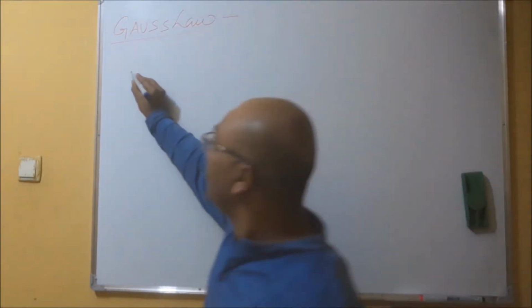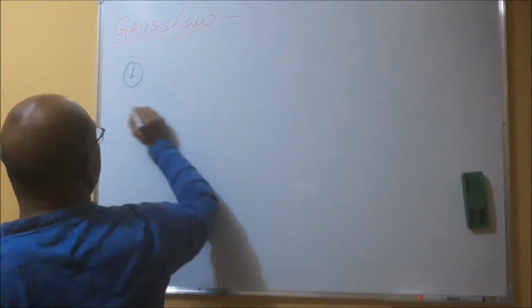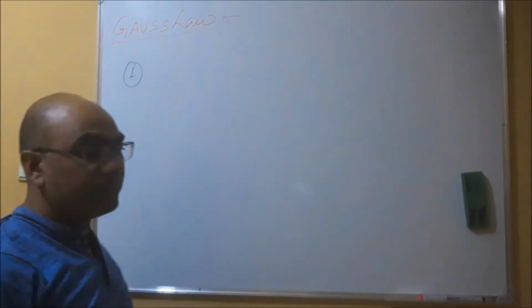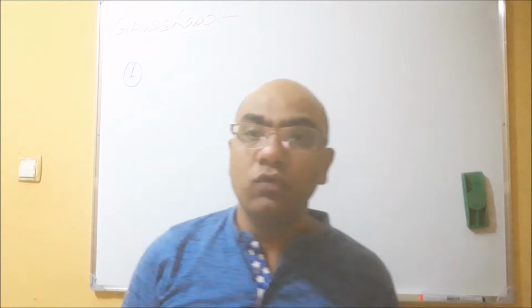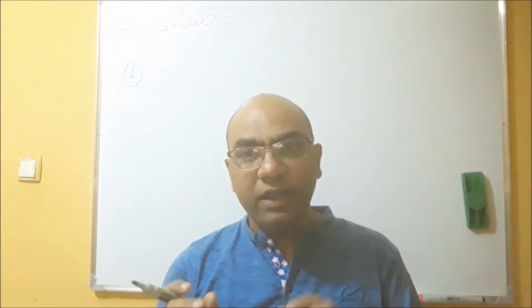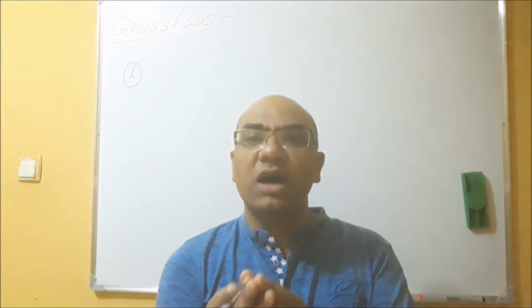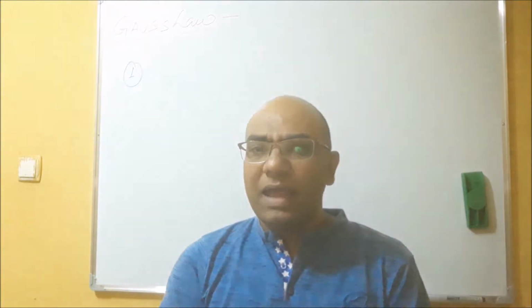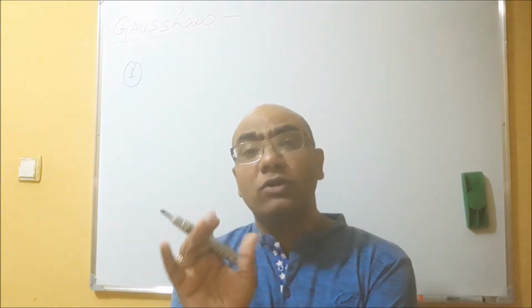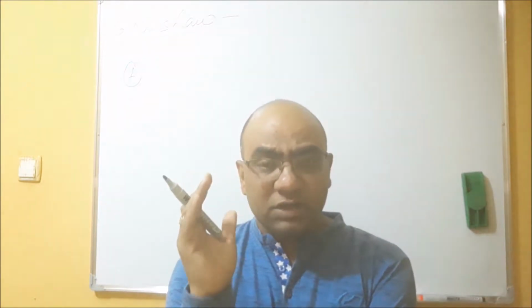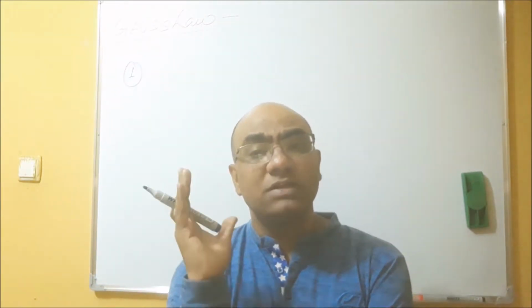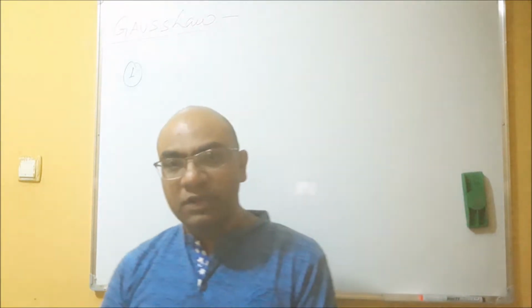Number one, in Gauss law we make a closed surface and confine all the charge inside this surface. It does not matter what the physical property of the surface is, right?